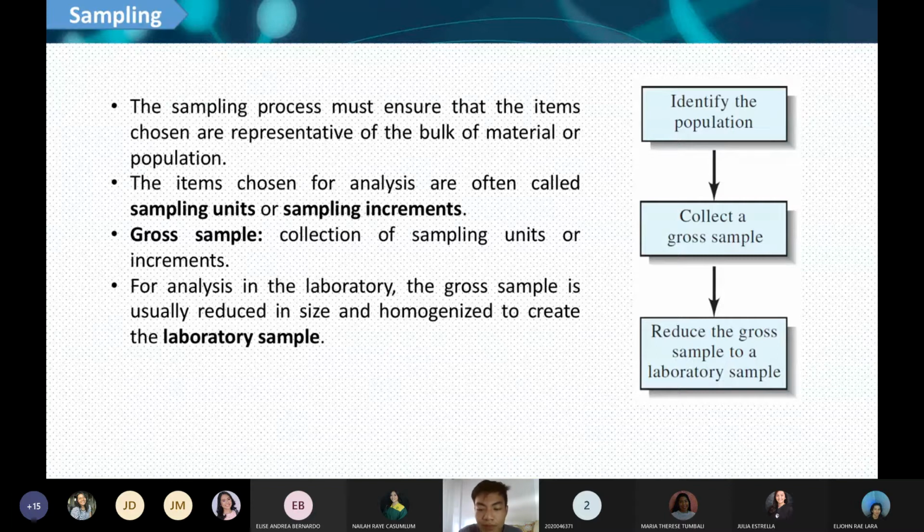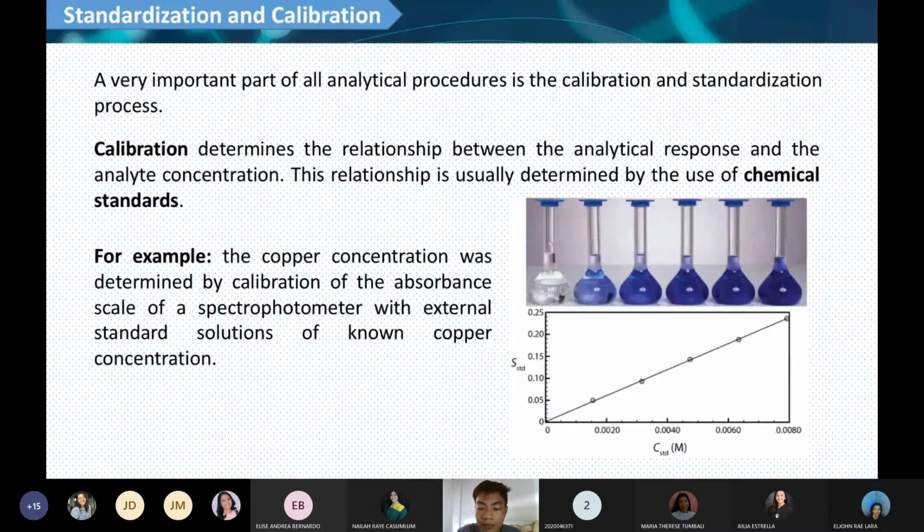So the next part is, what do you do with your sample? Of course, you will analyze it, and when analyzing it, you have to do standardization and calibration.